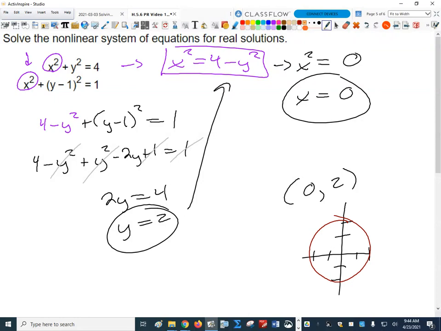It's these two circles, and they intersect at the point 0, 2. Okay? Not that that's that big a deal. I just wanted to show you what it looks like.